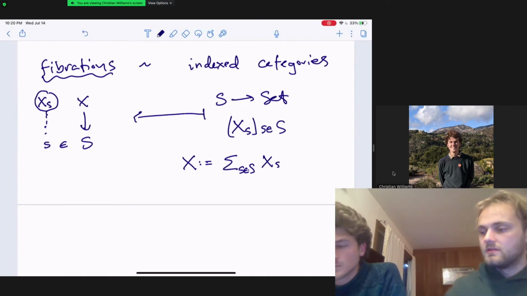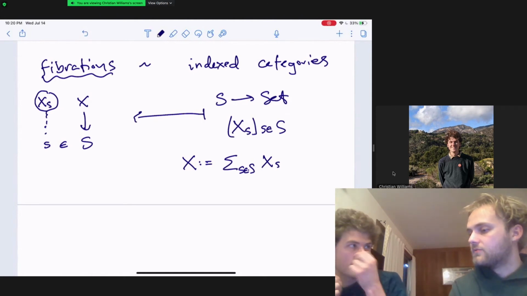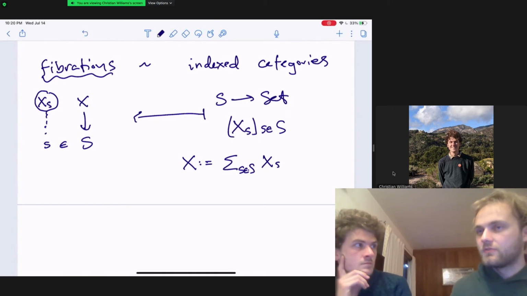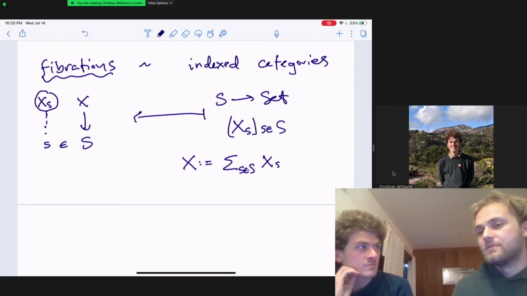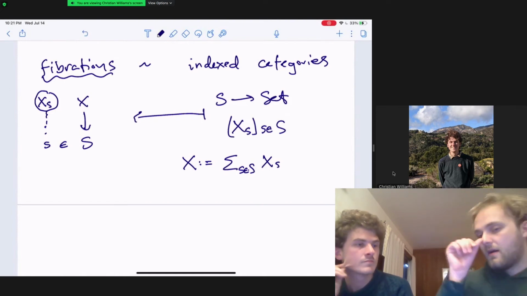Intermediate between indexed sets and indexed categories is taking the category of elements of a presheaf. When you take the category of elements of a functor from C to Set, you get a category that's living over C. Is that right?